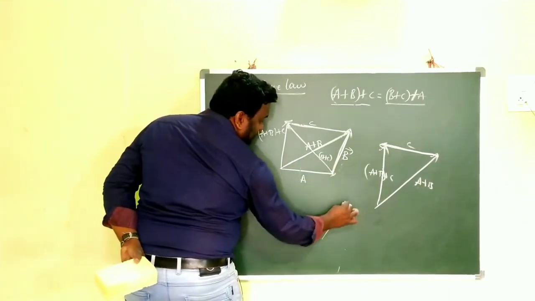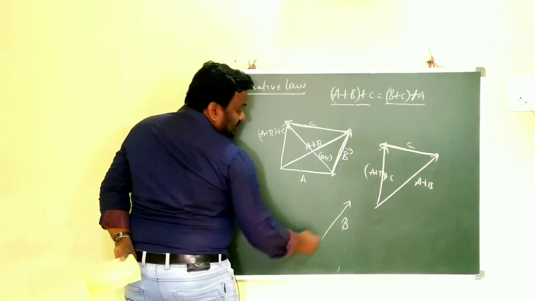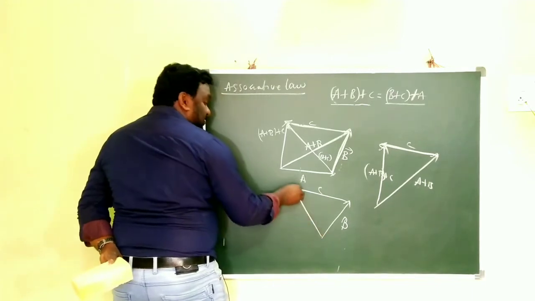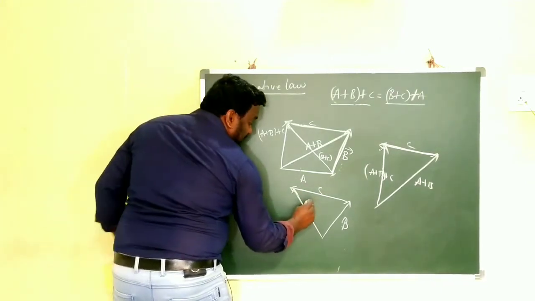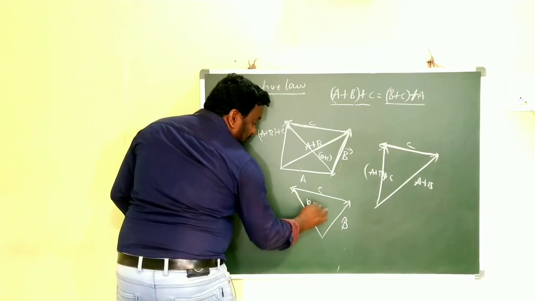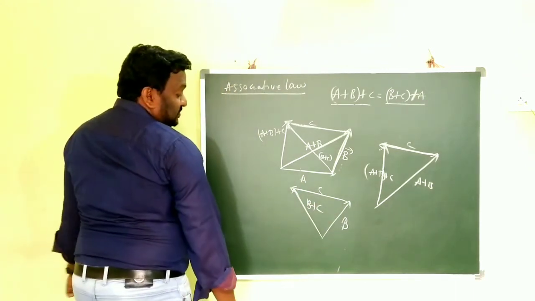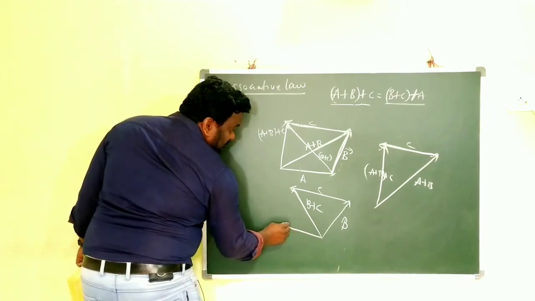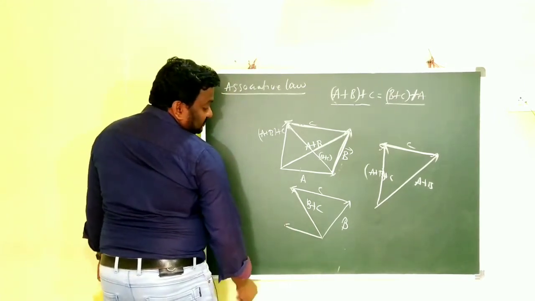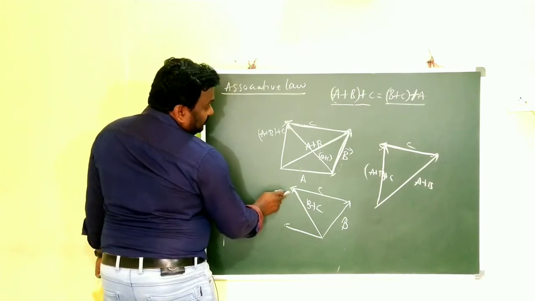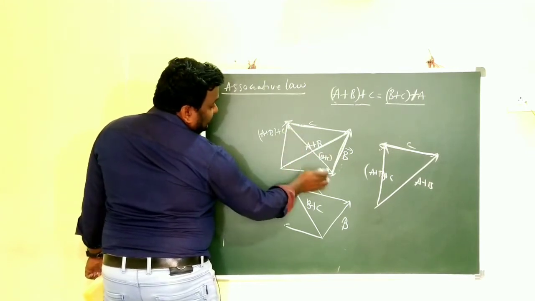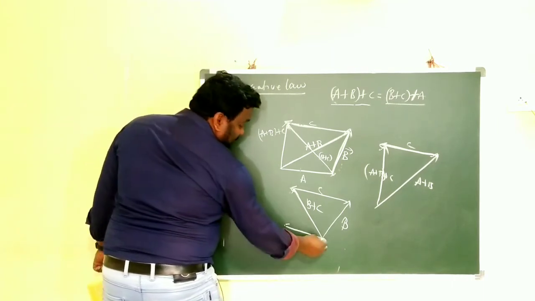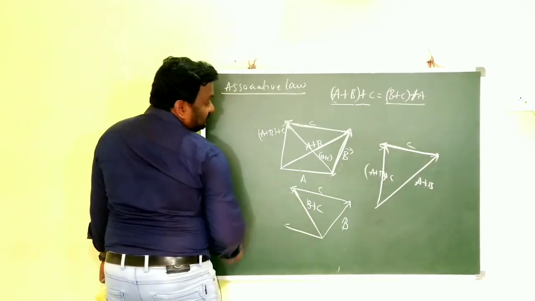This is B and this is C, and if you join them, this is B plus C. Okay, now I am taking this as A. Here now it is B plus C. Clear? So this is B plus C.